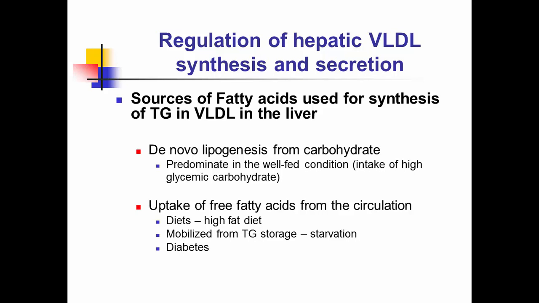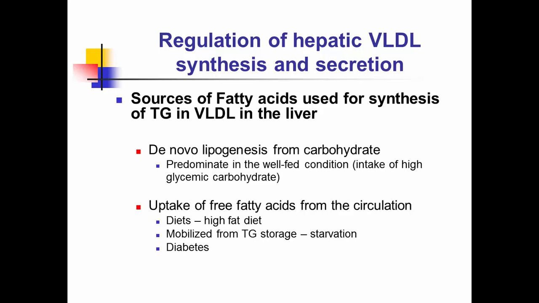De novo lipogenesis from carbohydrate. For example, under the fed condition, we ingest a lot of carbohydrate from the diet, and glucose is absorbed into the blood and then transported to the liver.